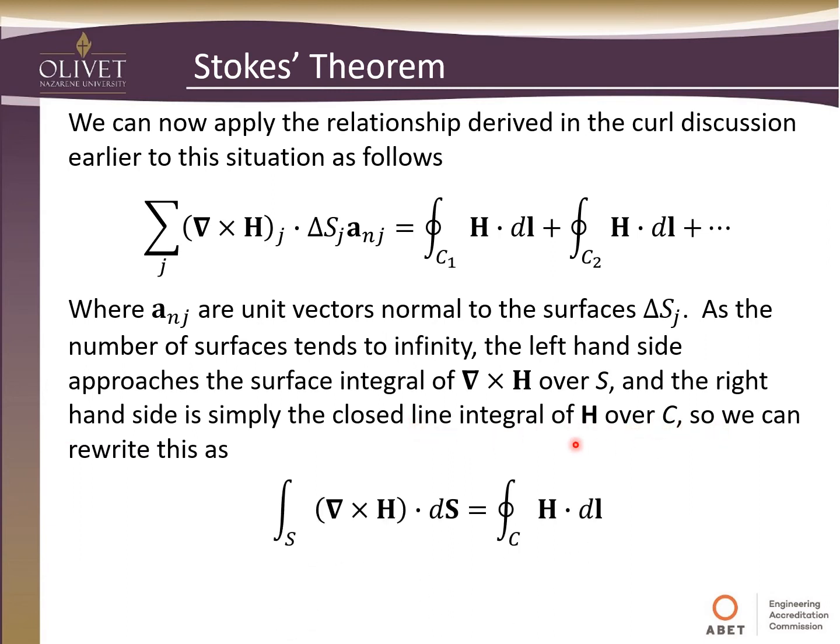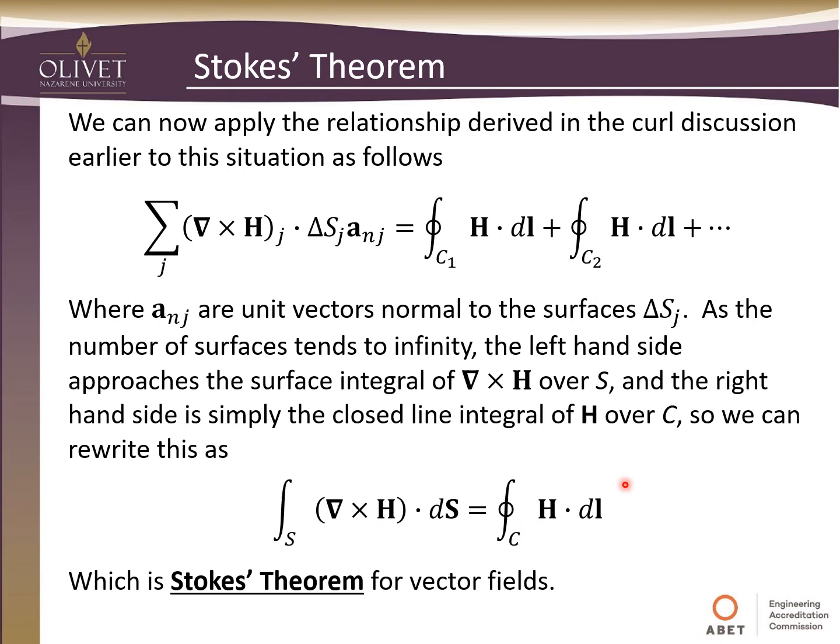So then we can rewrite this as the surface integral of del cross H dot dS equals the closed contour integral of H dotted with dl. So we've got the curl of H summed over the surface is equal to H, or the magnetic field, dotted with the contour.